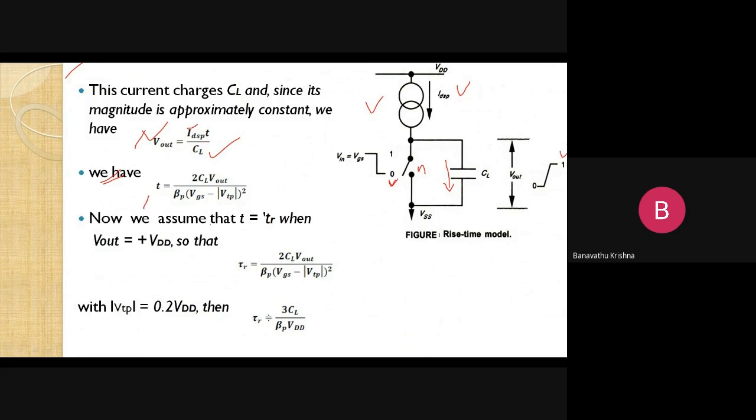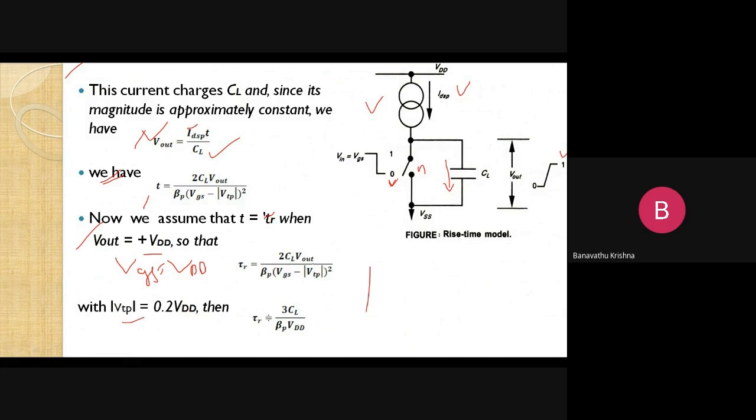We assume that T equals tau R, which is the rise time analysis, and here V out equals VDD, and similarly VGS equals VDD, right? You can substitute these values, and also VTP is 0.2 VDD.